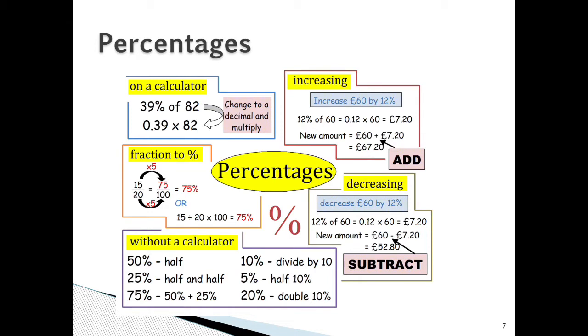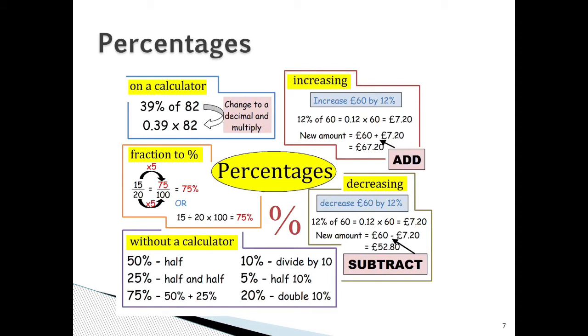If you are decreasing by a percentage, you can still work out 12% of 60, which is 0.12 times 60, and you just subtract it. So 60 minus 7.20 is equal to £52.80.